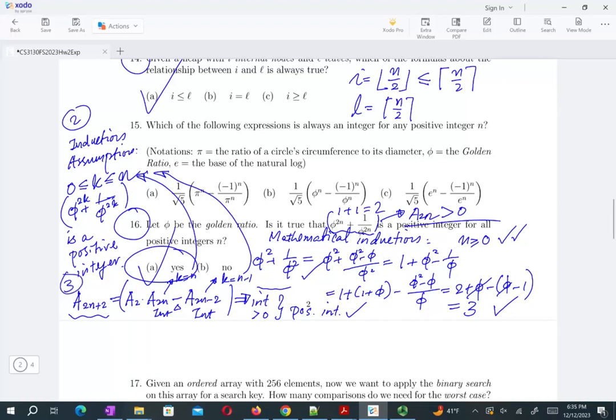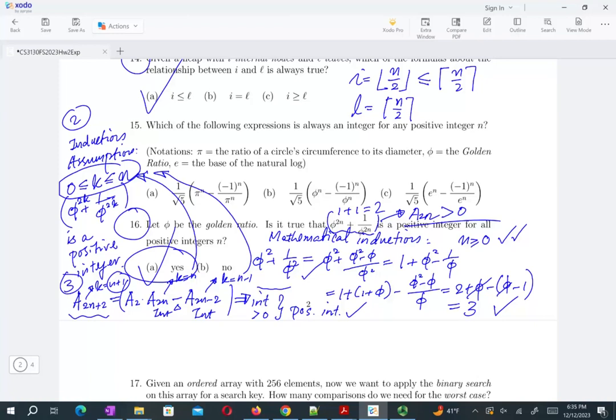Step 3, we expand the range. This is the range in the induction assumption, but in step 3 we expand it to n plus 1. In this case, k equals n plus 1, that's outside the previous range.